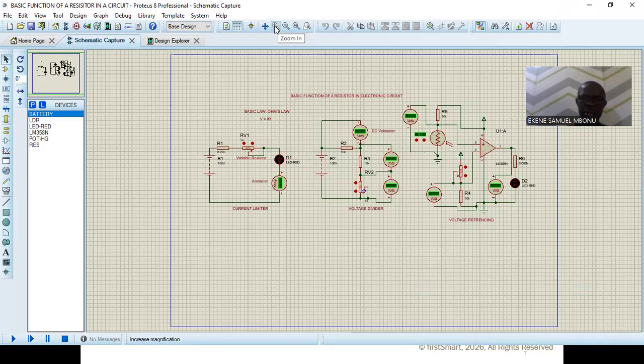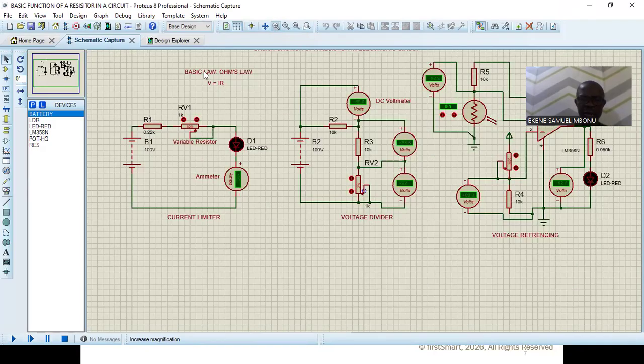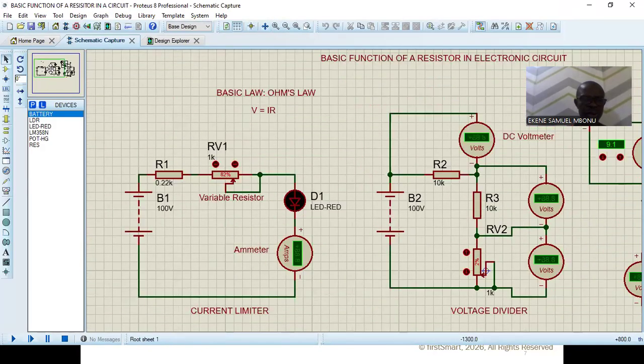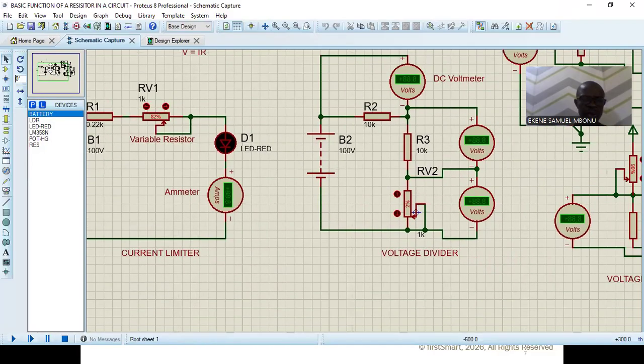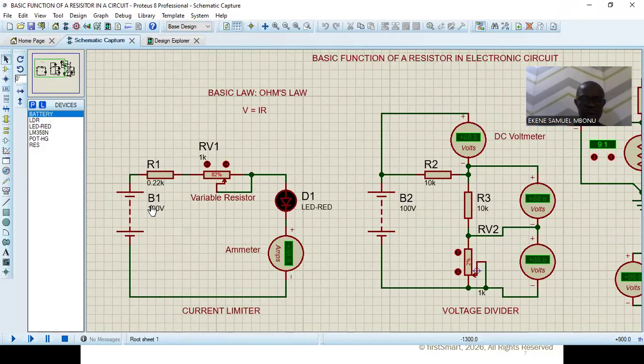Can you see my Pro Tools Design Suite? Please confirm you can see my Pro Tools Design Suite, the new window I just opened. I can see it. Okay.